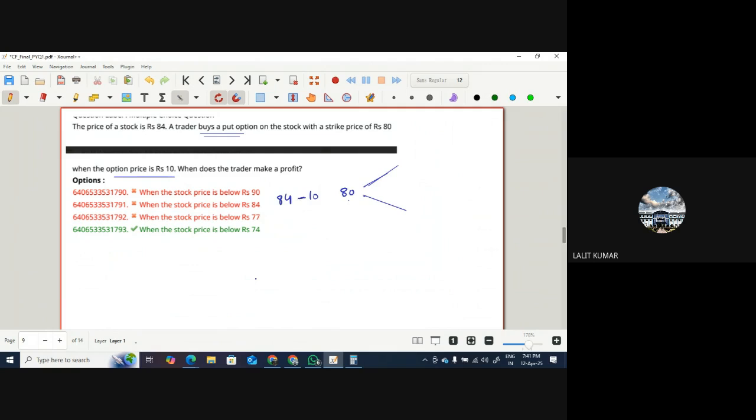He has already paid 10 rupees, so the price has to be less than 70, then only he will make profit. Above 80 is loss in all scenarios. Only if it goes less than 70 will he get more than 10 rupees. So the price has to go less than 70.